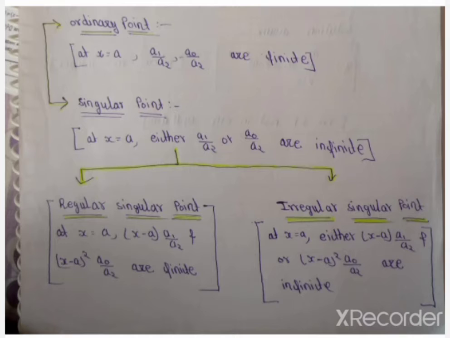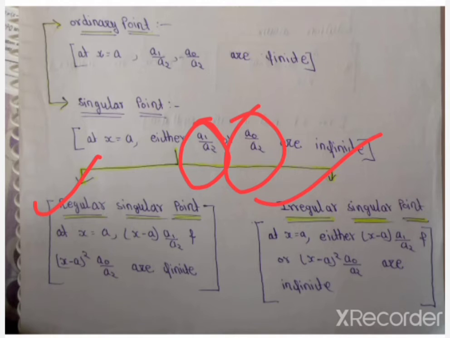So for example, we consider these two terms giving infinite values. Then we further discuss whether this point is a regular singular point or an irregular singular point. So check at x is equal to a: x minus a into a1 over a2, and x minus a whole square into a naught over a2.